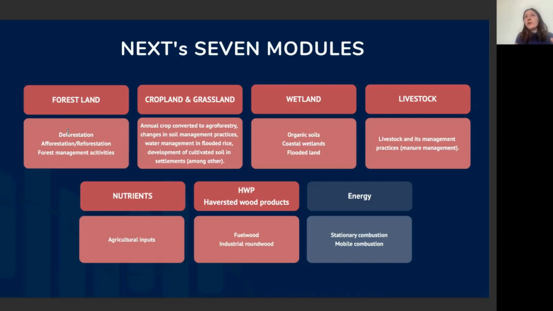So in the inventory, it will not go under the section of the AFOLU sector, but it is related to this sector. We created the energy module mostly for project owners that had the need to have, let's say, a vision on not only the field estimates of emissions, but also other aspects of the projects.